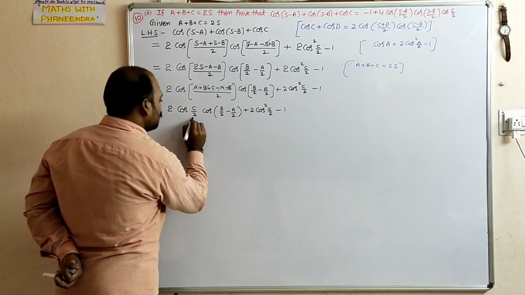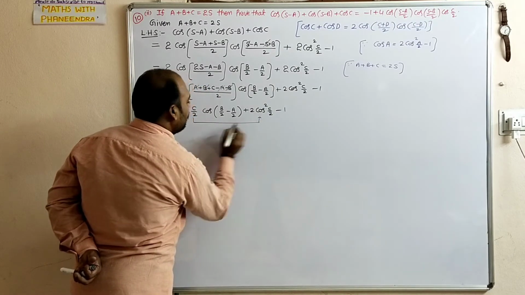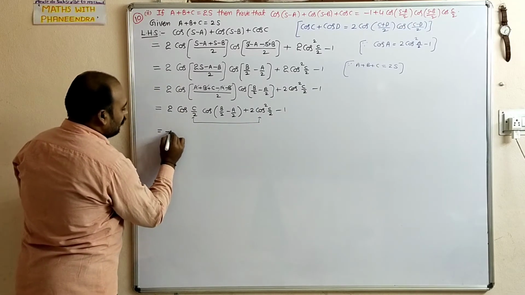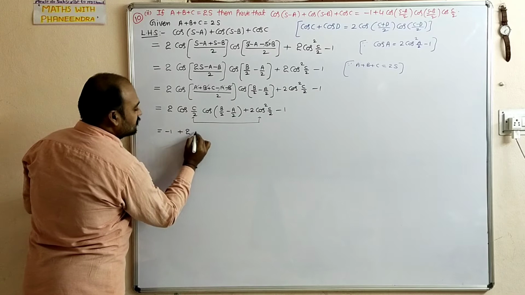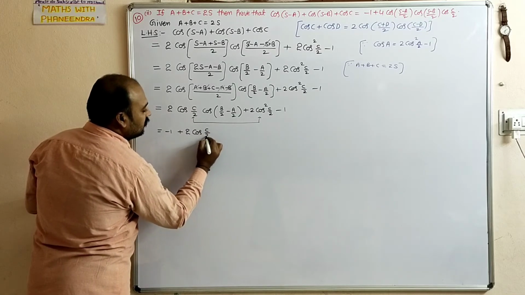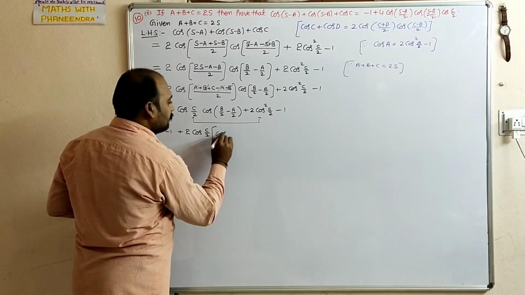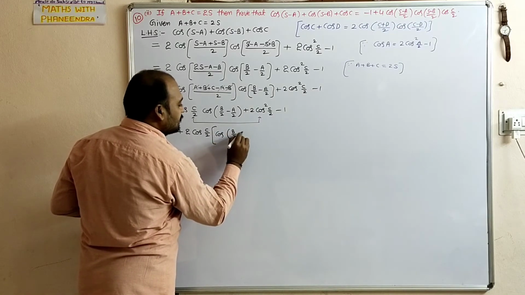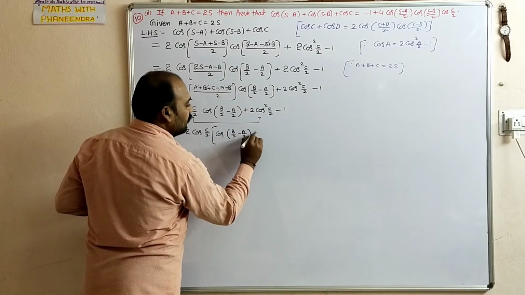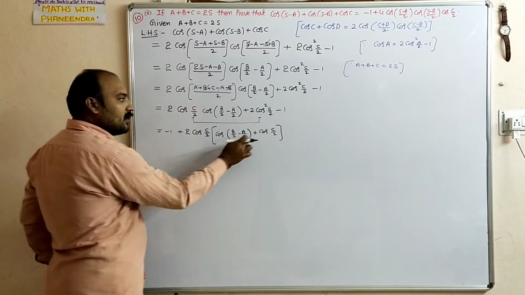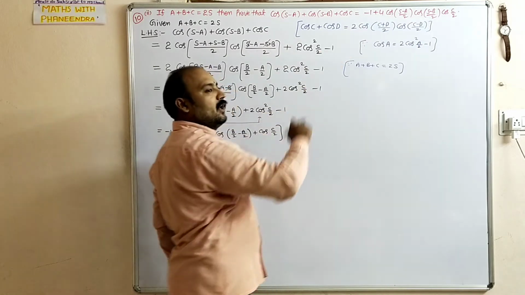From these two, take 2 cos C by 2 common, and first write minus 1 plus 2 cos C by 2 common. The rest of the terms: cos of (b by 2 minus a by 2) plus cos C by 2. Again you have to apply cos C plus cos D like in the first formula.